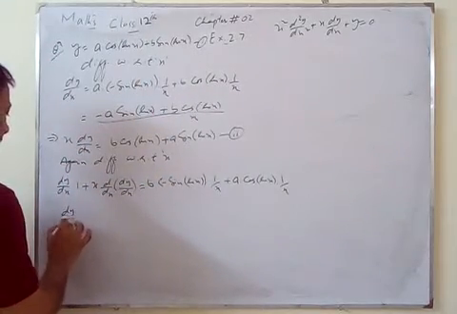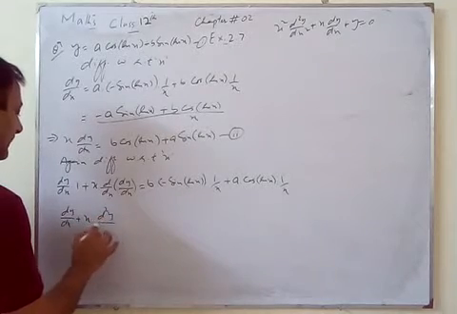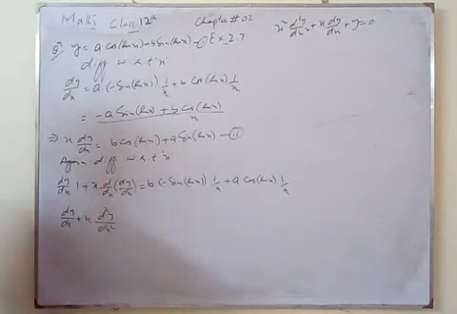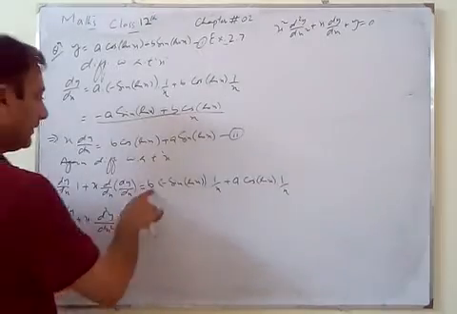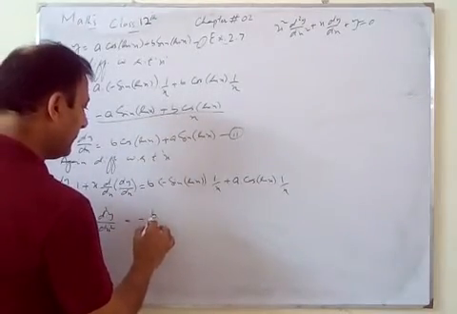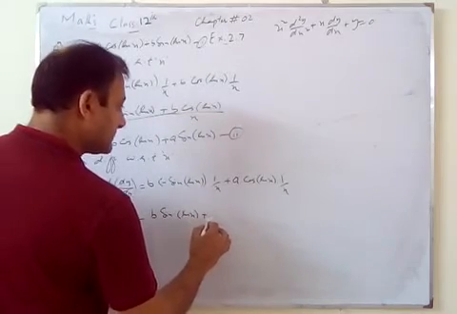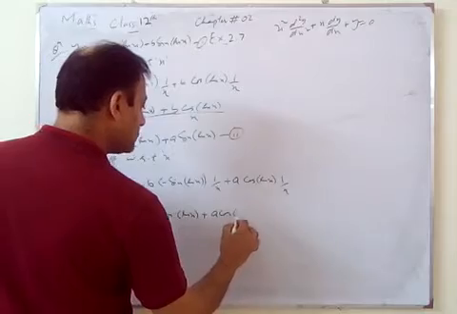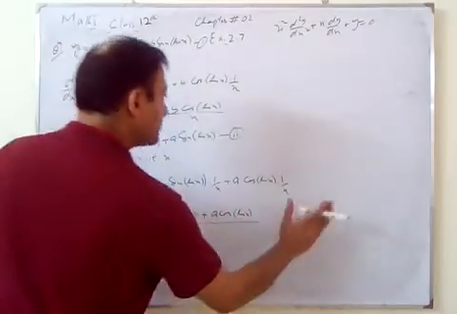So it is dy by dx plus x, the second derivative of y with respect to x, is equal to minus b sin log of x plus a cos log of x whole divided by x.